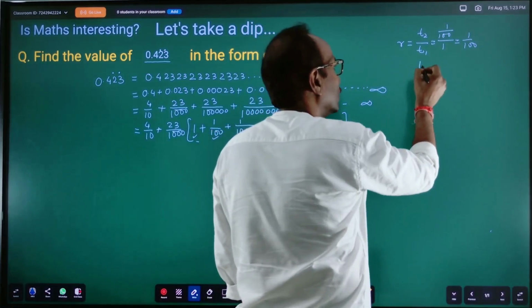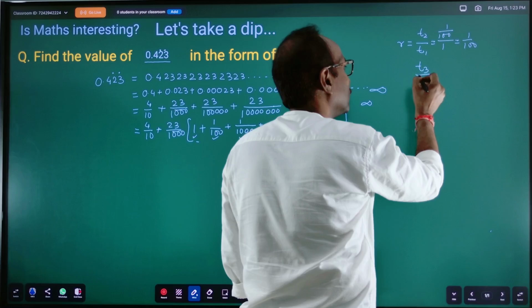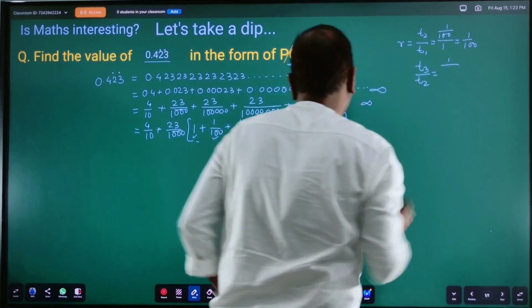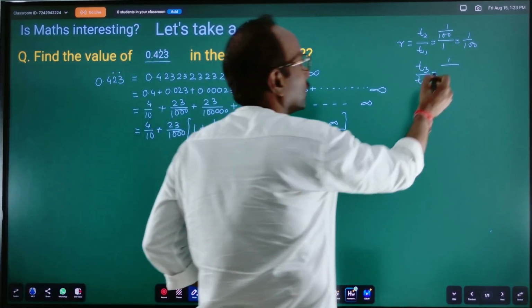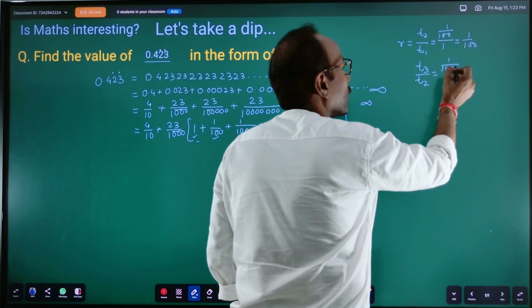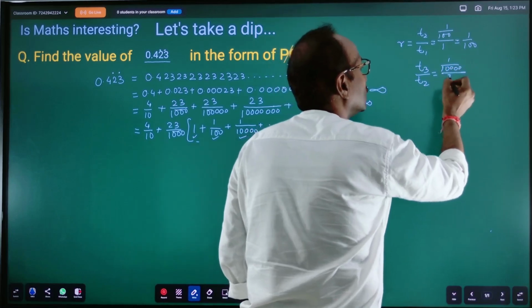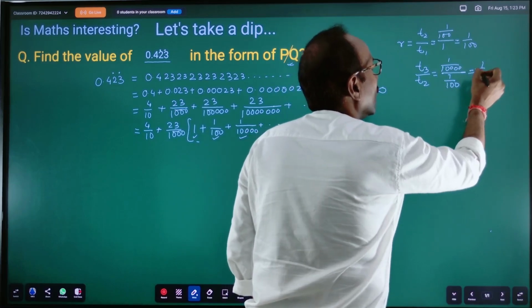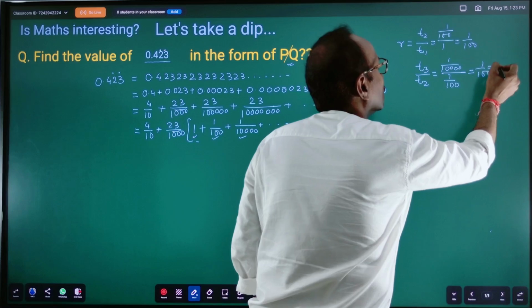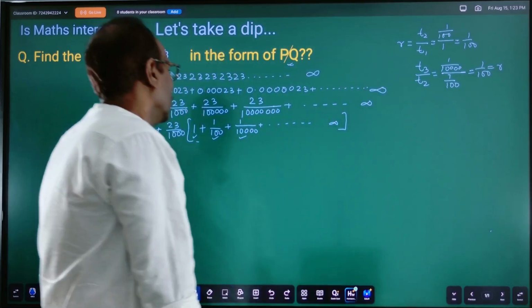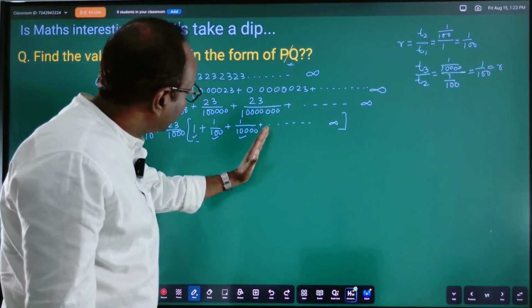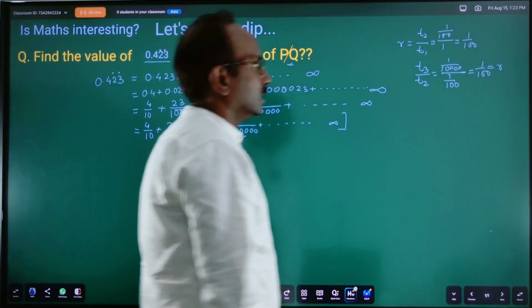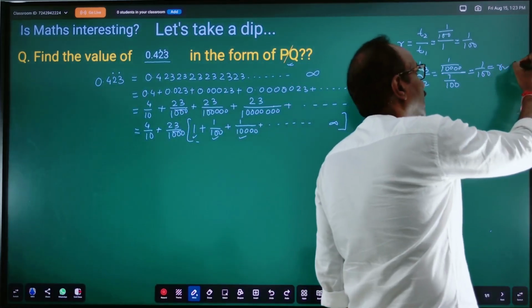If you take the ratio of the third term and the second term, again it is coming equal to R. So every next term when divided by the previous term, the ratio R is coming the same.